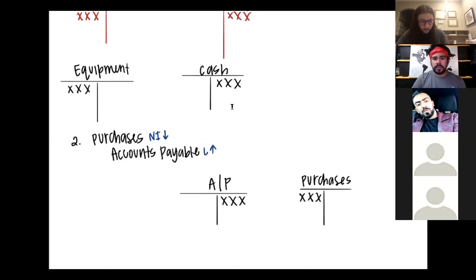Neither of these accounts affect assets, so it's going to be nothing for assets. In terms of liability, our accounts payable was never increased because this journal entry was never recorded, so we're understating liabilities. And in terms of purchases, if the purchases and the expense were never recorded, then net income was never lowered, which means our net income was overstated.